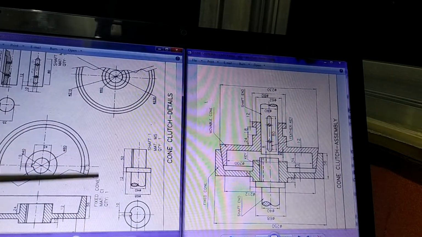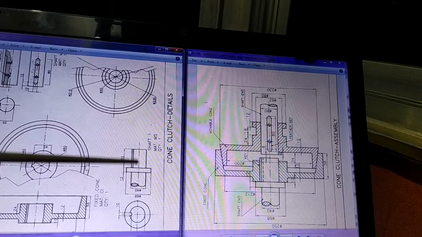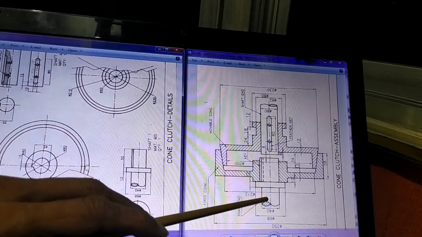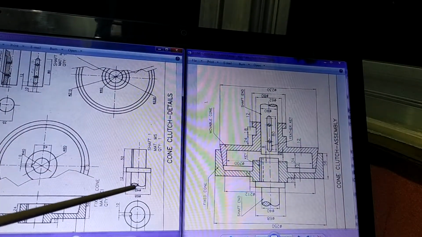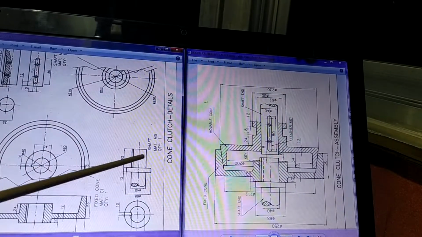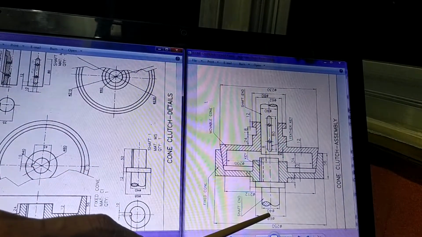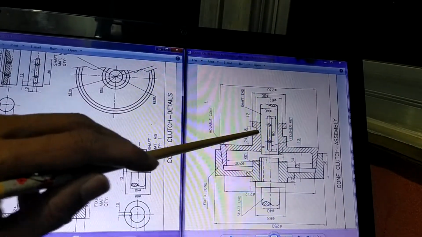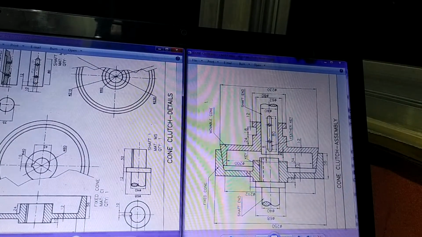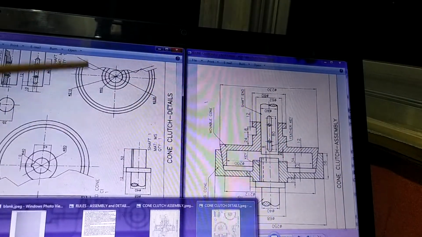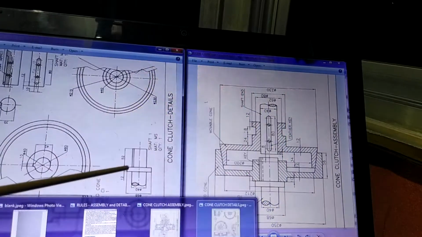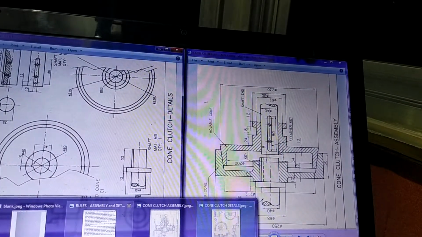Therefore, while preparing the detailed drawings, you have to draw them in such a way that in the assembly also they are in the same orientation. Vertical should be vertical, horizontal should be horizontal, so that the person who is assembling will get some hint about the position of the parts.